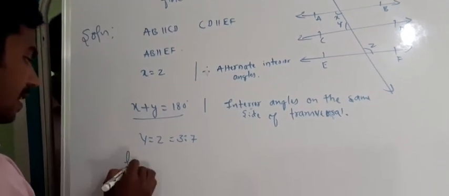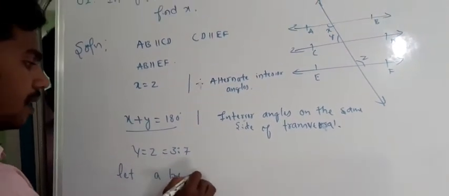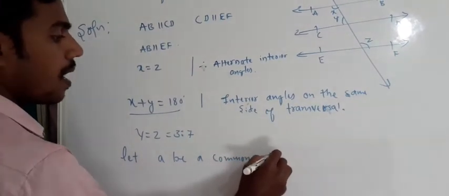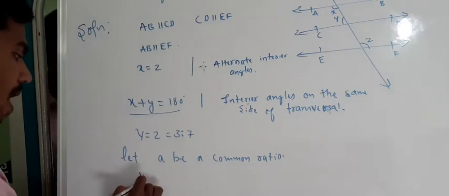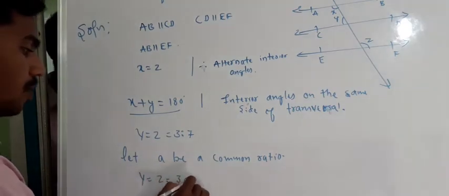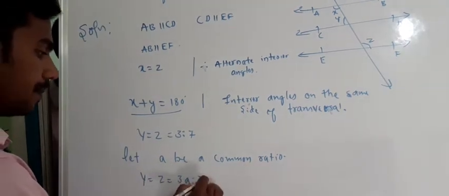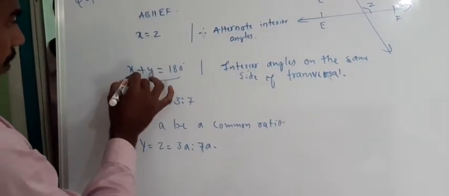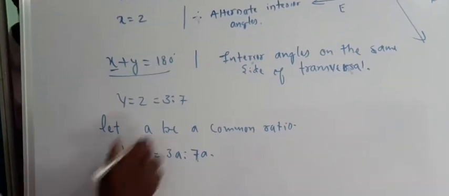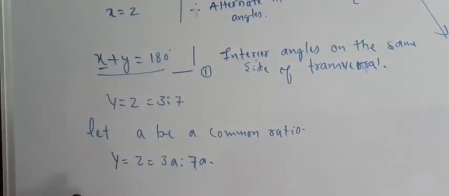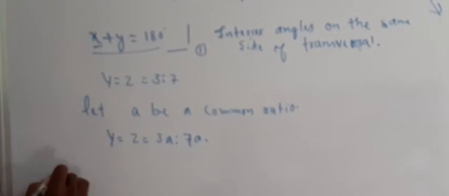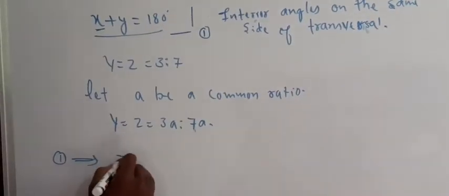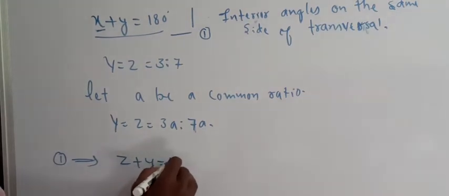Let A be a common ratio. What can I write then? Y is to Z is equal to 3A is to 7A. If I call this equation 1, in place of Z, what can I write? Z plus Y is equal to 180 degree.